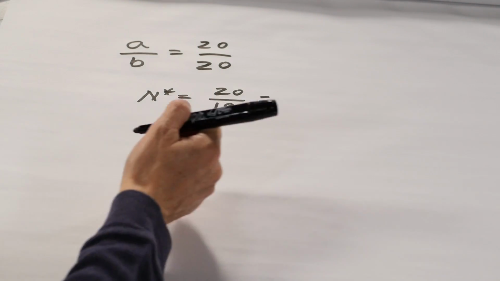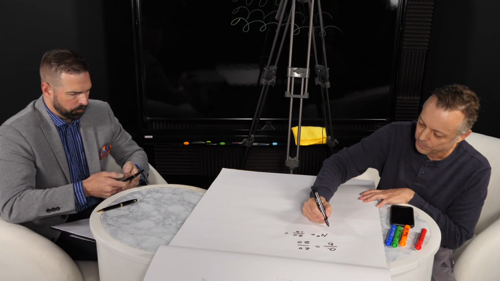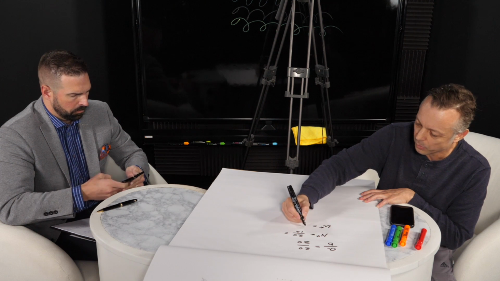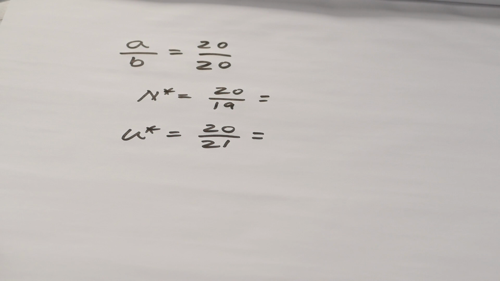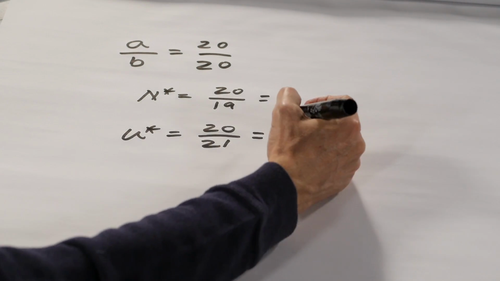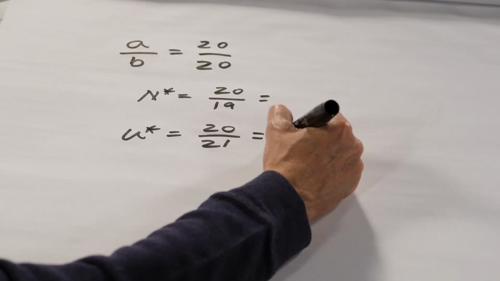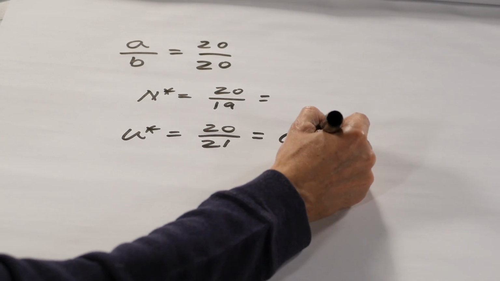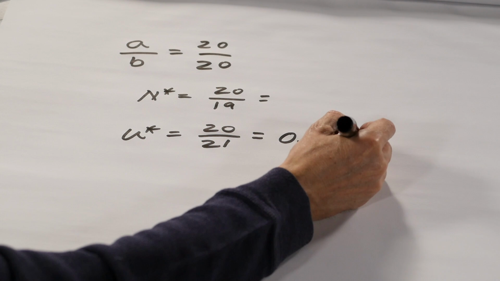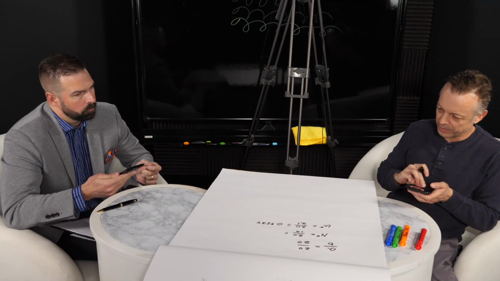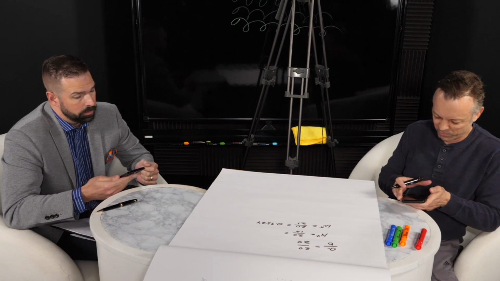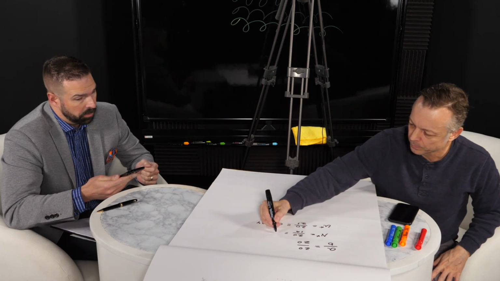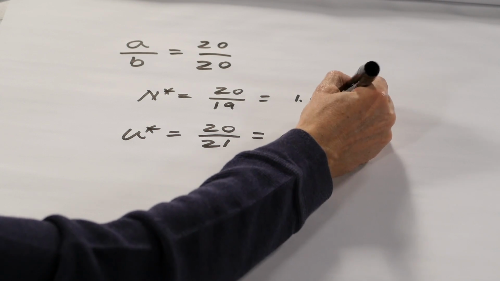You can go ahead and calculate that out for me. And U star would equal 20 over 21. I'll do the 20 over 21. Sure. So 20 divided by 21 gives us 0.9524. Okay, and then what do you got for 20 over 19? That equals 1.05263.